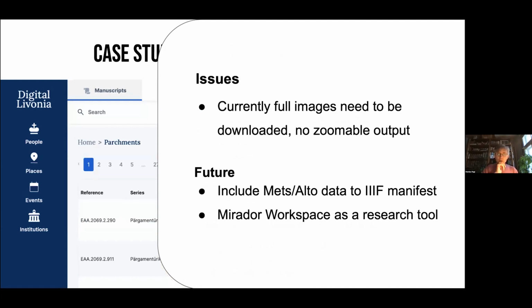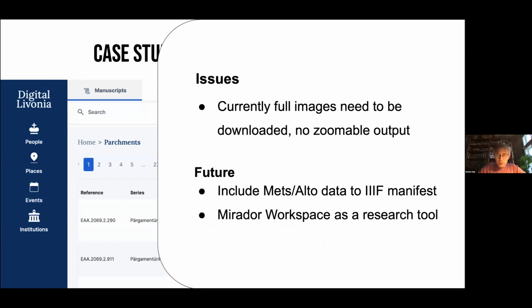And yes, as said, currently when an image is displayed via a Mirador viewer, the user downloads the full image, and Mirador just makes it zoomable. But the data behind is still the full image, not the zoomable one with just a part sent to the viewer.